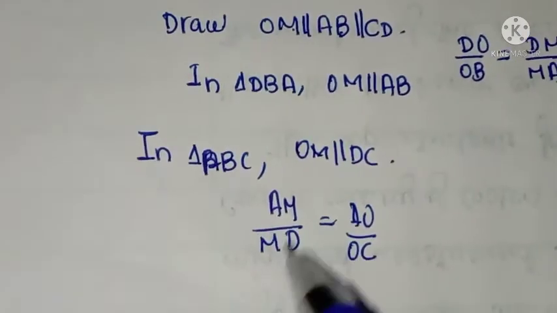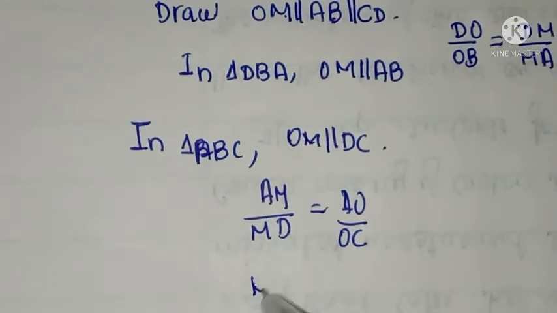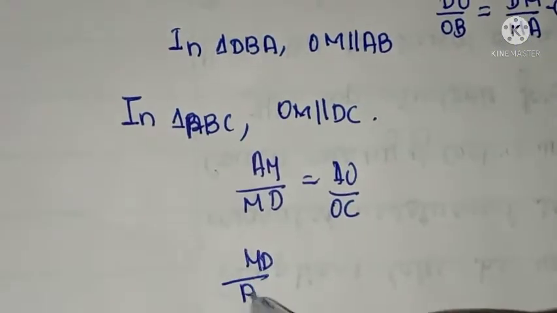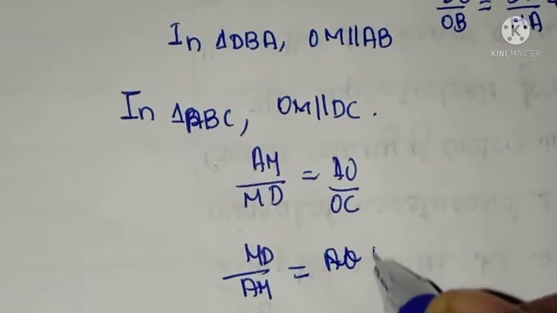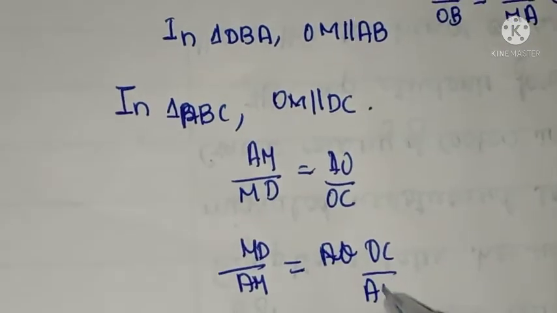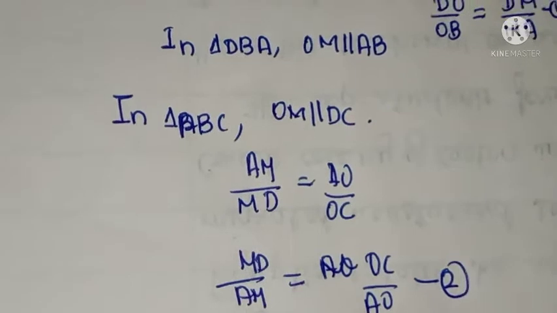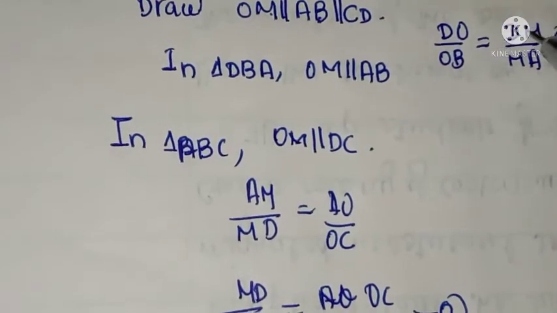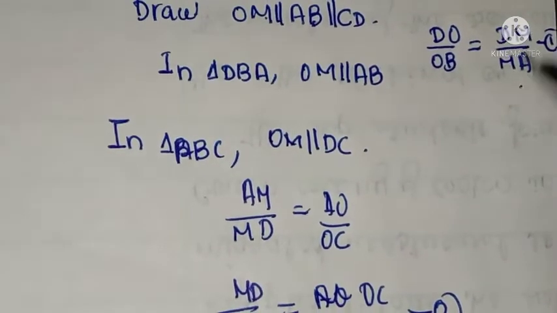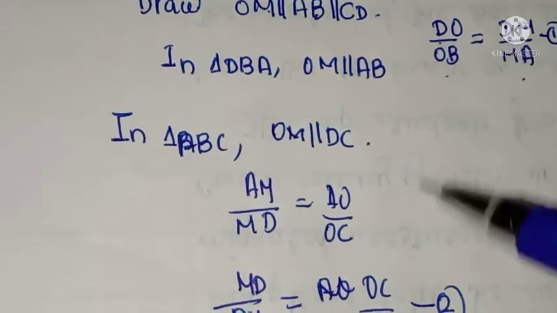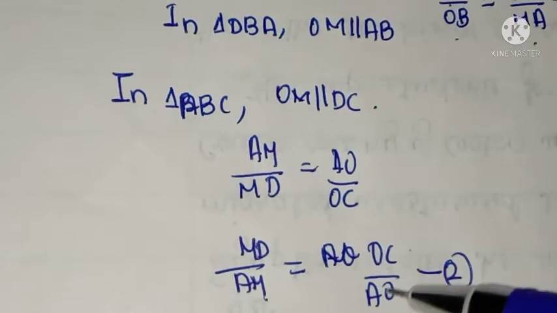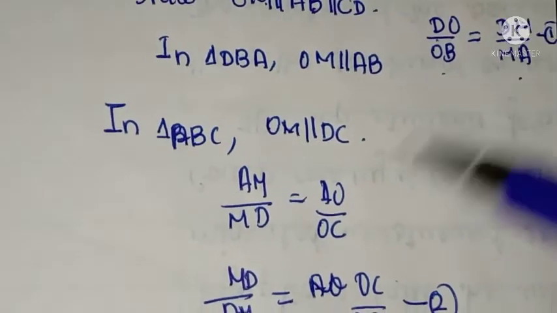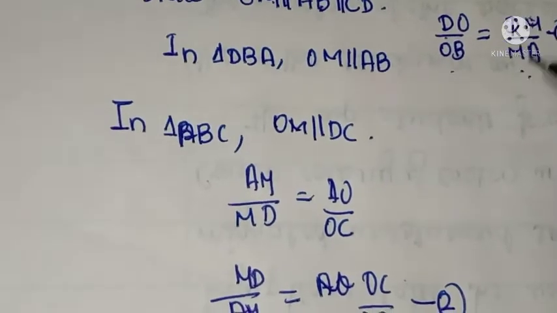Now take its reciprocal, we get MD by AM is equal to OC by AO. Put it as equation number 2. Now look at these two equations. DM by MA is equal to DO by OB. DM by MA is equal to OC by OA. So both are equal to DM by MA.